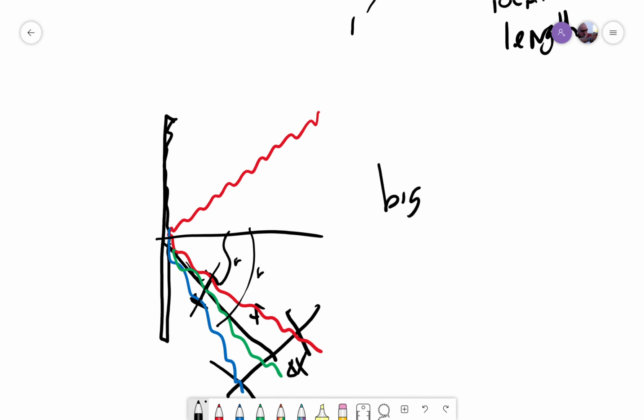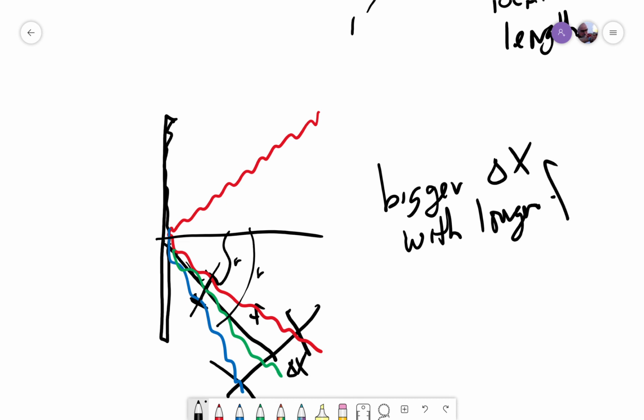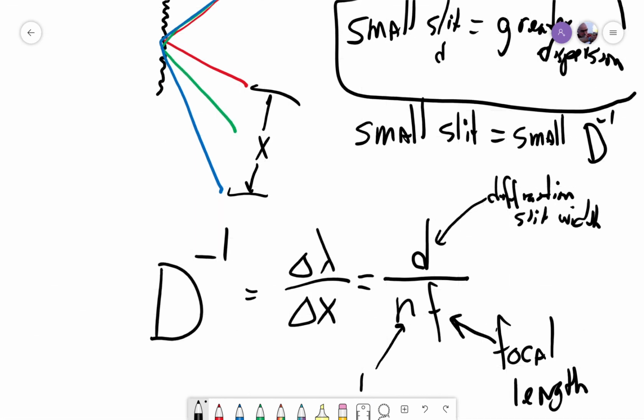So bigger delta x with the longer focal distance means more dispersion, which means a smaller d to the minus 1, because d to the minus 1 is inversely proportional to the amount of dispersion. We'll pick this up in a later video.